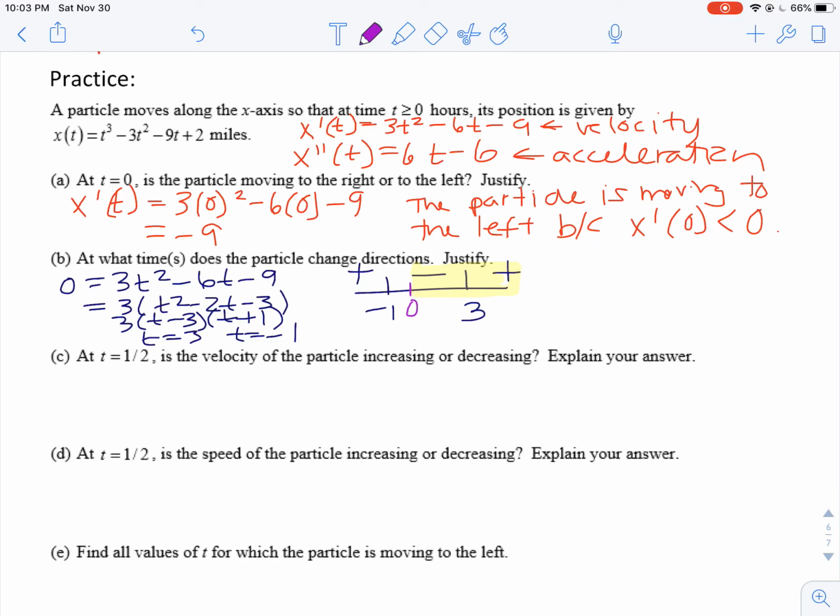So we're going to change directions at 3 seconds. The particle changes direction at t equals 3 seconds because x prime of t changes signs.